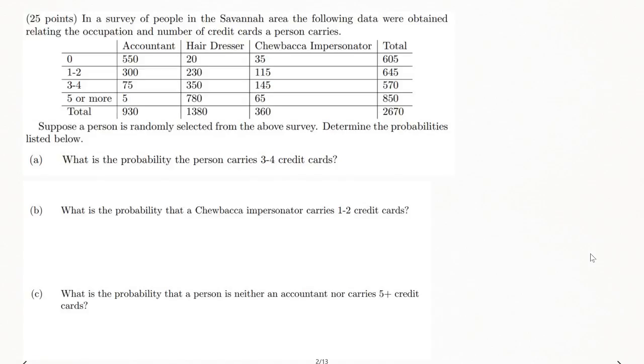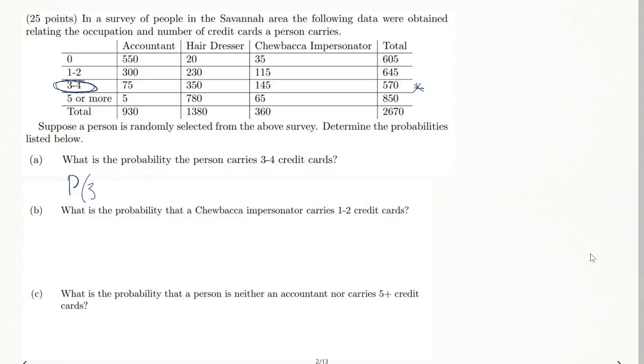First question: what is the probability that a person carries 3 to 4 credit cards? Notice we have 3 to 4 credit cards appearing here, right? Normally we would add up 75, 350, and 145, but that equals 570 right there. Now, how many people were involved in this scenario? Well, there's 2,670 people where we obtained our data from.